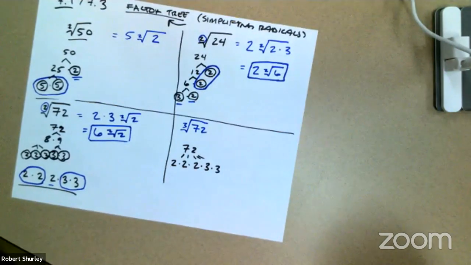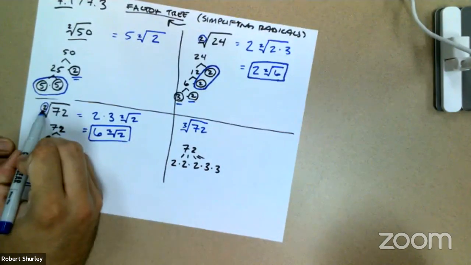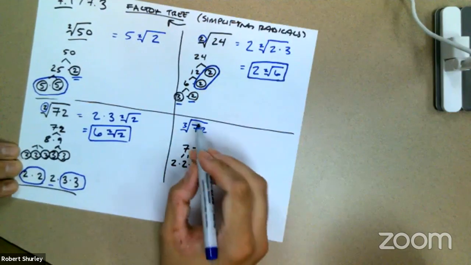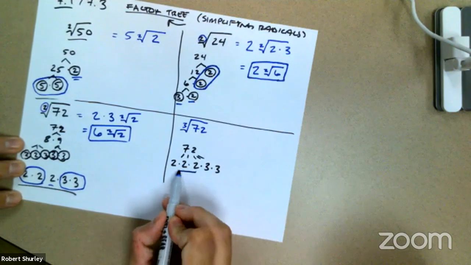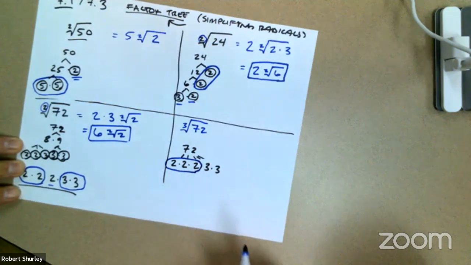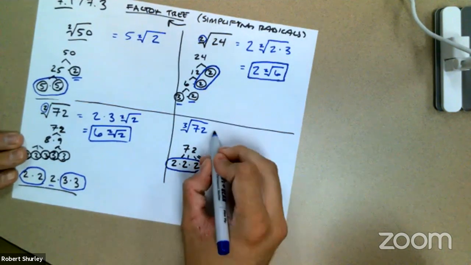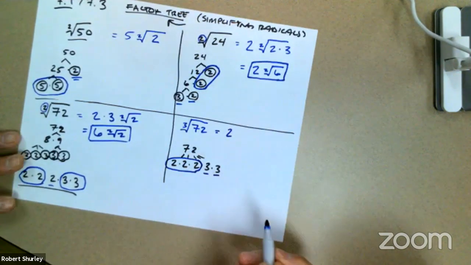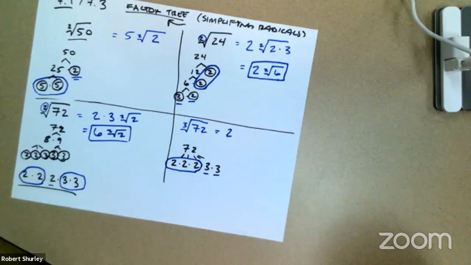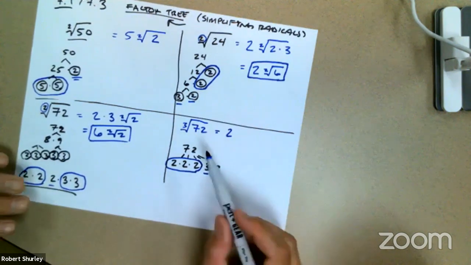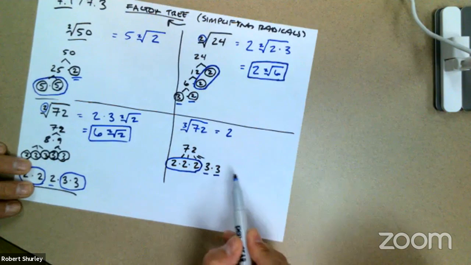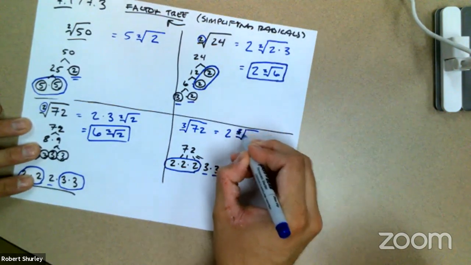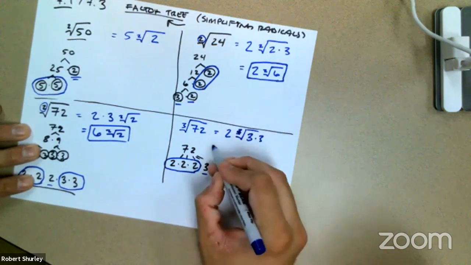But the difference is we're not looking for 2 of a kind now. We're looking for 3 of a kind. And we do have 3 of a kind here, right? We got 3 of a kind 2s. That's a group of 3. So that means for the cube root of 72, I can take a 2 out. Now look, the 3s don't have 3 of a kind, so they have to stay under the radical, 3 times 3.